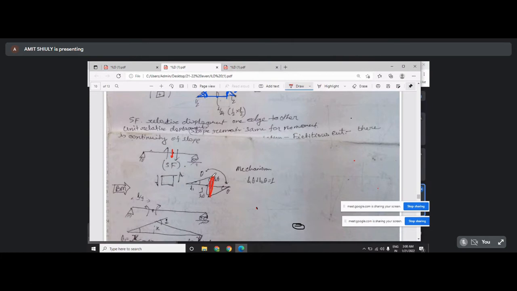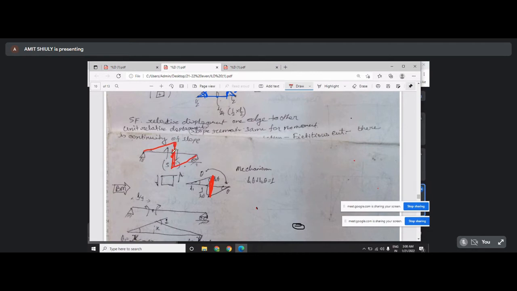For shear force, you know left up, right down is positive. After cutting this, you are doing left up, right down of this member, so this is left up and this is right down.